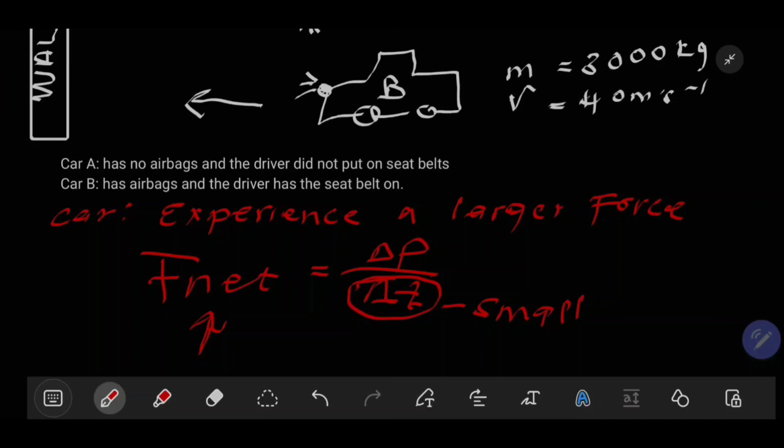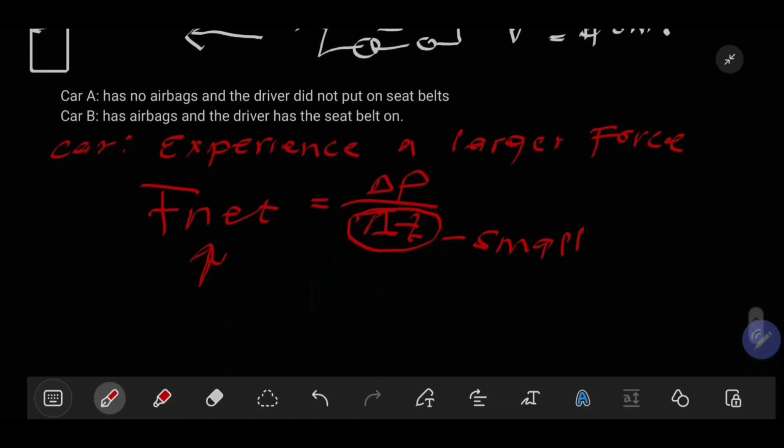So what they are trying to do with the modern cars is that they want, by all means, to make the time of impact, which is this time here, to be larger. Because if the time is larger, then it decreases the force of impact, or the force that the people in the car will experience.